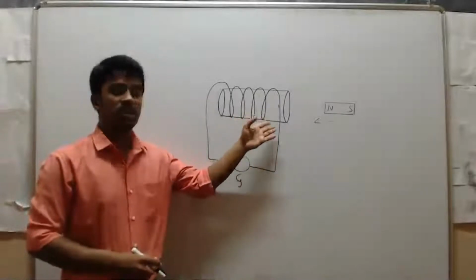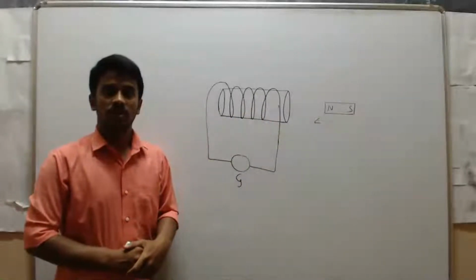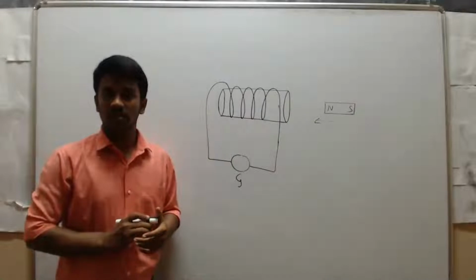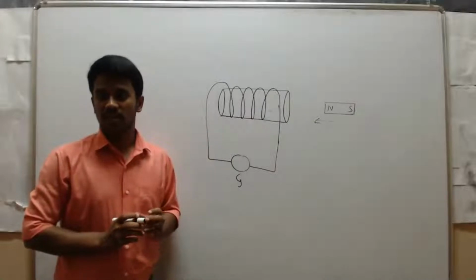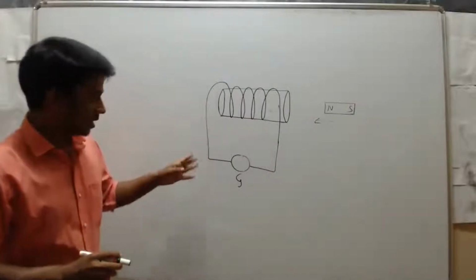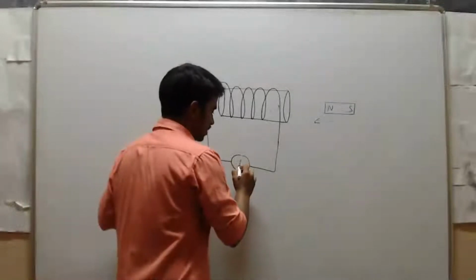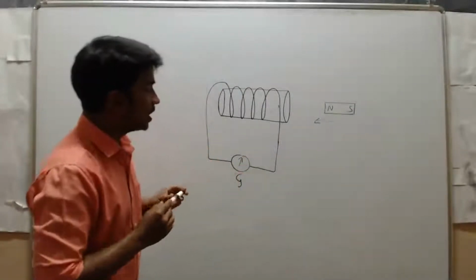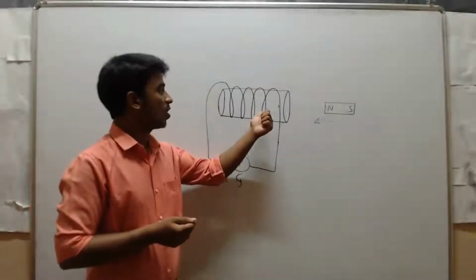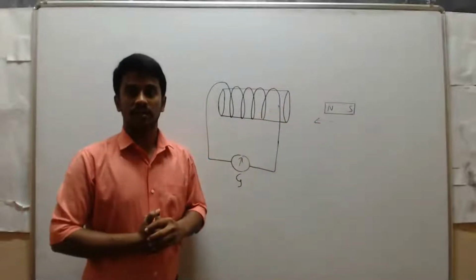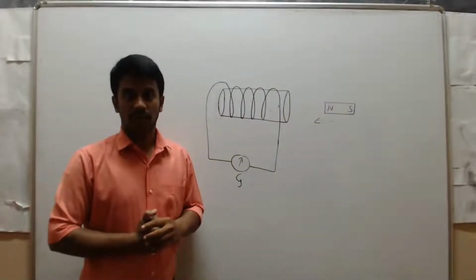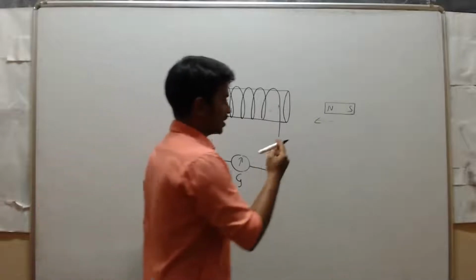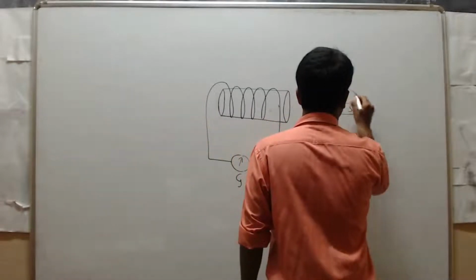This process is known as electromagnetic induction. Clear? So here we can generate electricity due to the relative motion between the coil and the bar magnet. You know, here the magnetic field lines are ending, right?